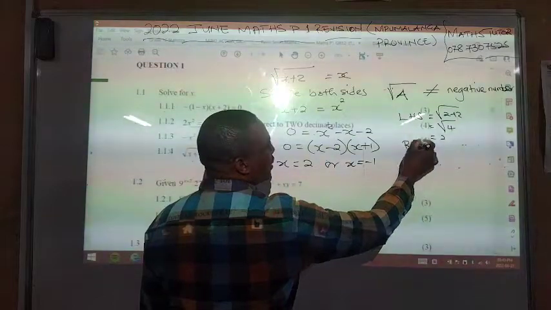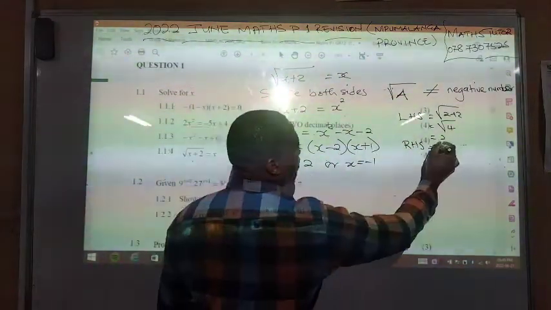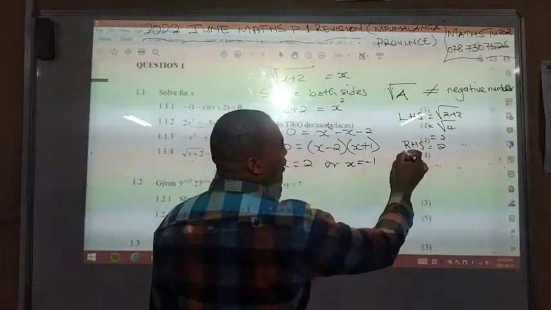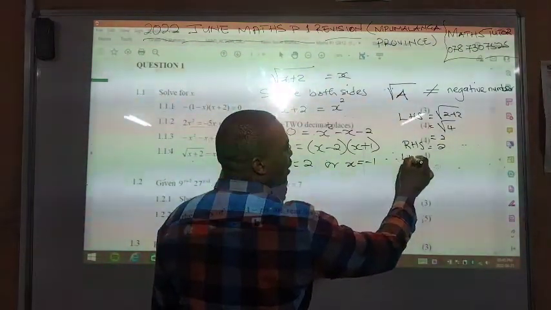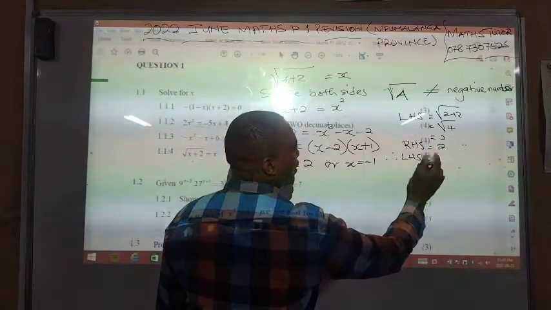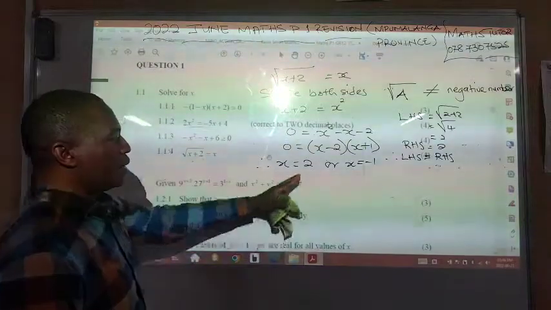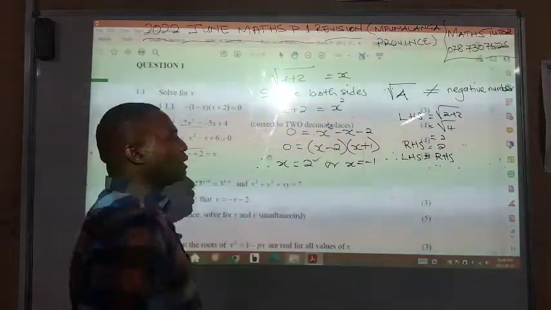The right hand side, x is 2, so it will be equal to 2. That means, therefore, left hand side is equal to right hand side. So this is a solution.